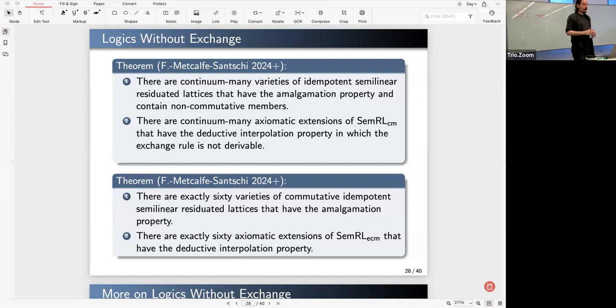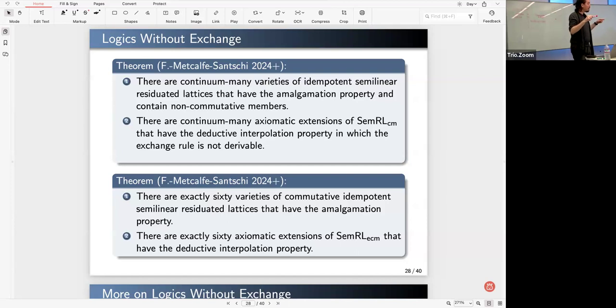What this says on the logical side is that if I look at RLCM, this is the falsum-free full Lambek calculus with the contraction and mingle rules, and I look at the extension by the semilinearity axiom, something like the Gödel-Dummett axiom, though this is not correct in the non-commutative case, then even in this restricted context there are already continuum many that don't have exchange.